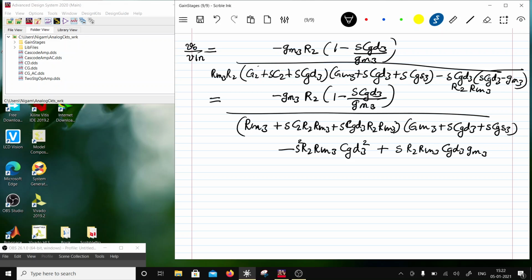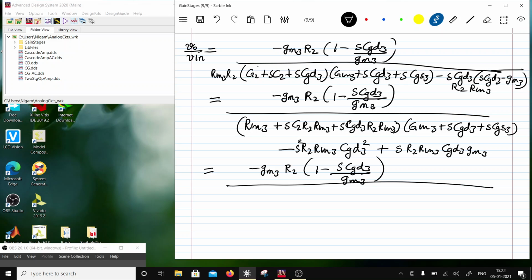Okay, now I have to break those terms. So it will be minus Gm3 R2 times 1 minus SCGD3 by Gm3, divided by, so if I multiply this term, this will become 1 and then it will become S times of Rn3 CGD3, plus S times of Rn3 CGS3 plus S times of, so second term I'm multiplying S times of C2 R2 and Rn3 will go away.